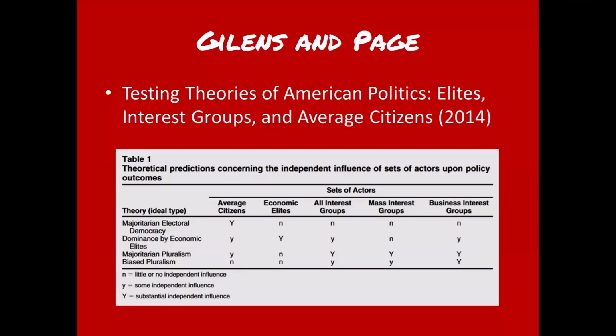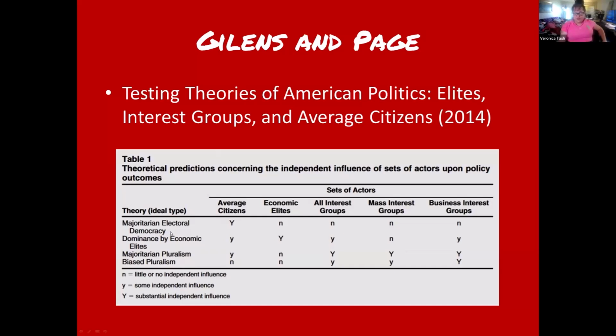This is all before Citizens United. And they had 4 different models that they were looking for. I think you guys can see my mouse on here. And this is their table from there.